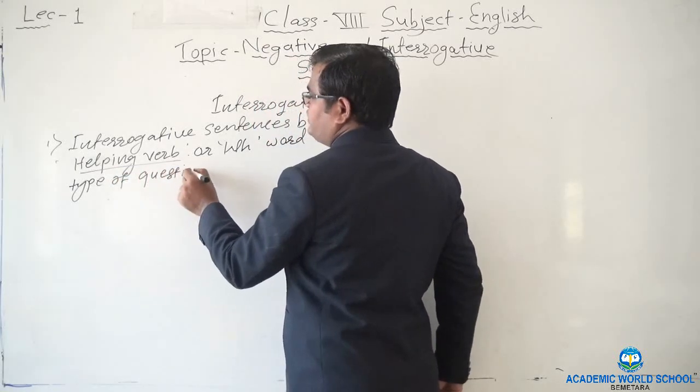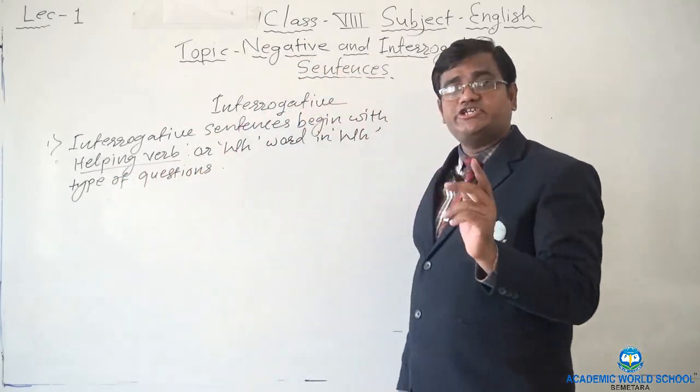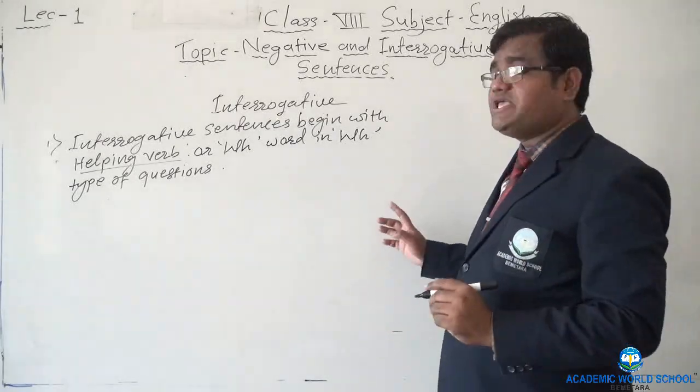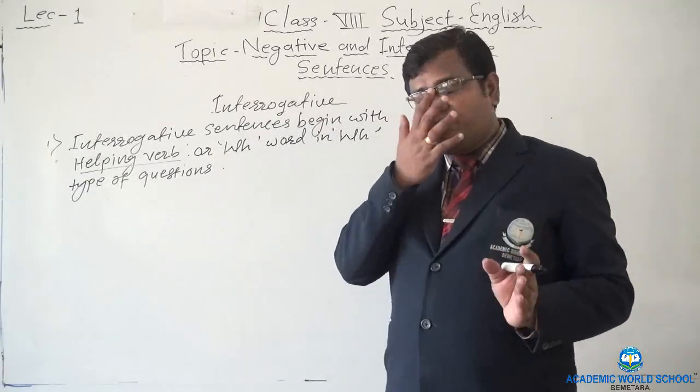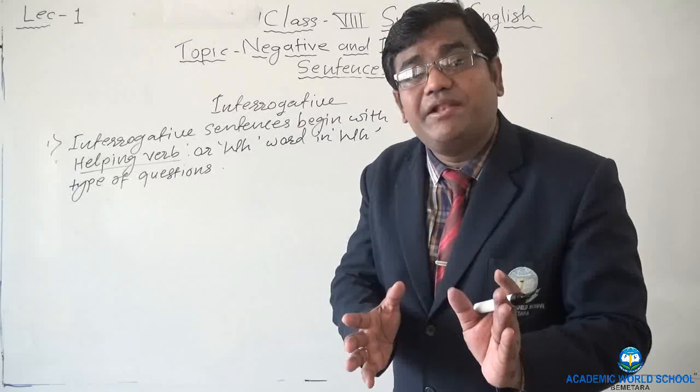If we are making WH type of questions, then it will begin with a WH word. If we are making yes/no type of question, then it will begin with the helping verb.